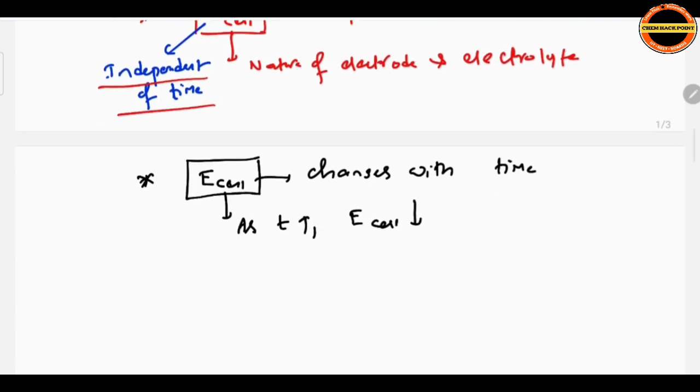But E cell value changes with time; as time increases, E cell value decreases. Why does E cell value decrease? The reason is Q value increasing. That's what we wrote above. You specify clearly here, Q value increases, that's why E cell value is decreasing.